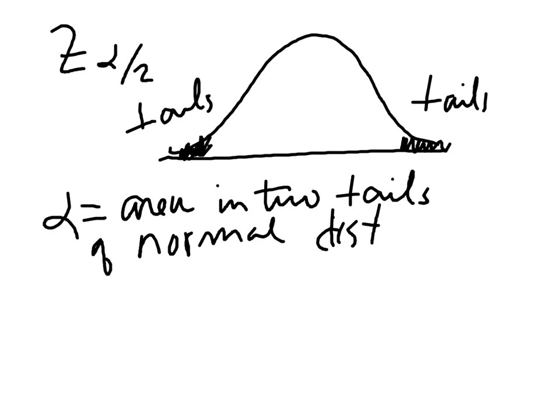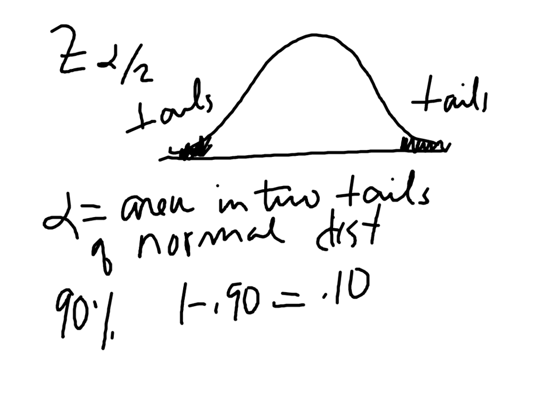And I'm just going to give you the examples here because there's a complementary relationship between the alpha and the confidence intervals. Remember when we had a confidence interval, let's say of 90%, well, that leaves 1 minus 0.90 or 0.10 or 10% of the graph in the tails.